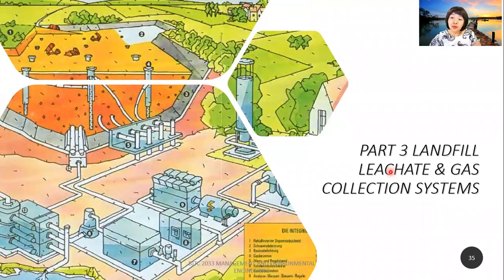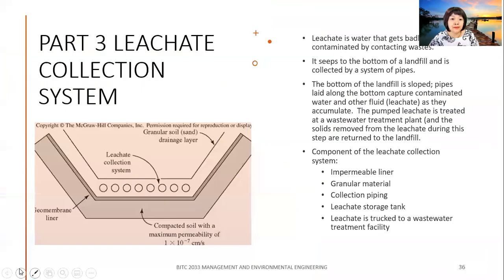Okay. So now we're going into part 3, which is the landfill leachate and also the gas collection system. This is the leachate collection system. You can see we have the geomembrane layers, and then we have the pipings that will send the leachate out, so that the leachate won't go into our underground water. You had this idea during the soil pollution chapter.